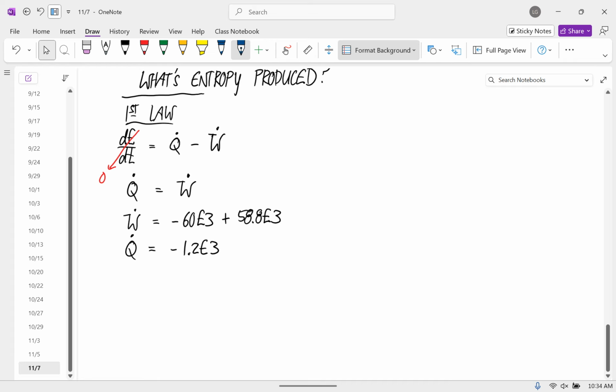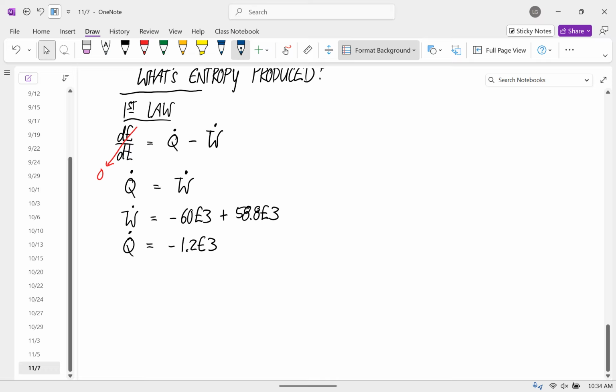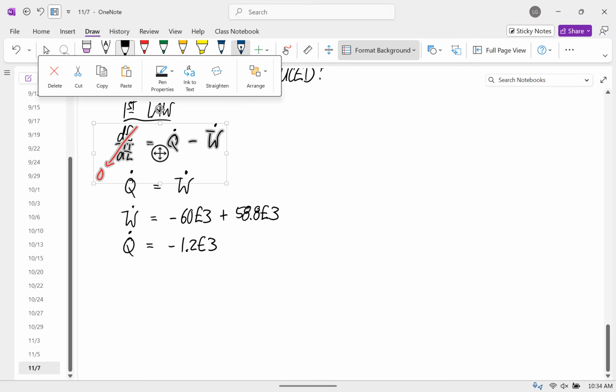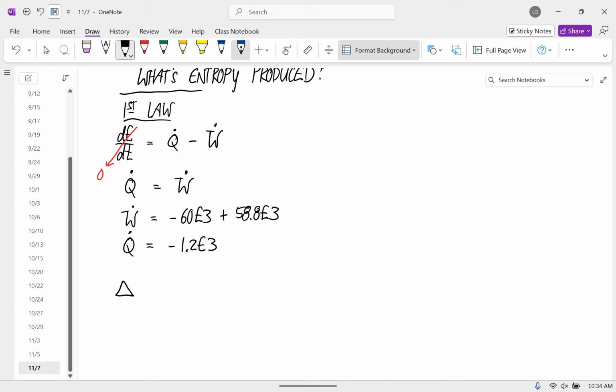So now we're going to go to the expression that says the change in entropy is equal to the integral from state 1 to state 2 of dq over temperature of the actual process all the way around the boundary plus sigma.